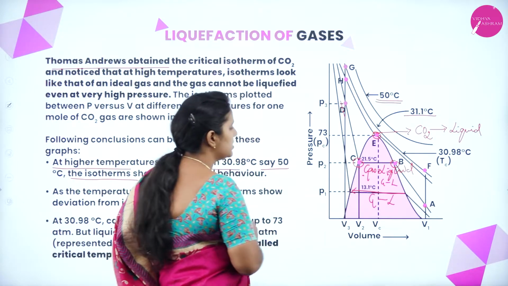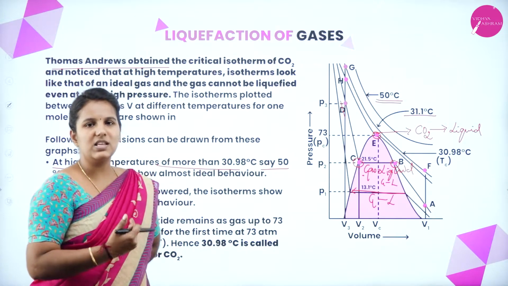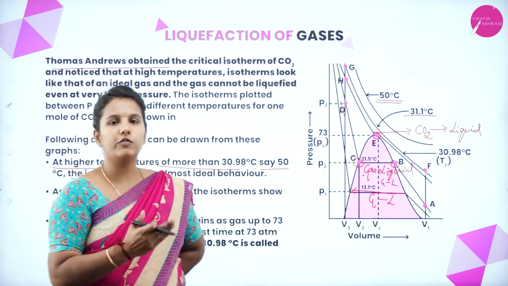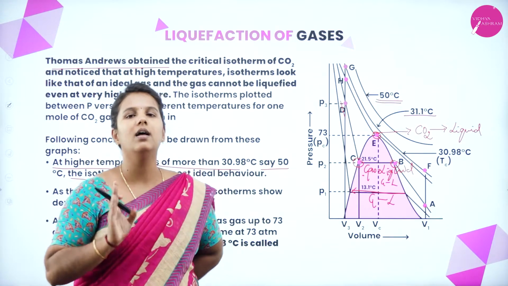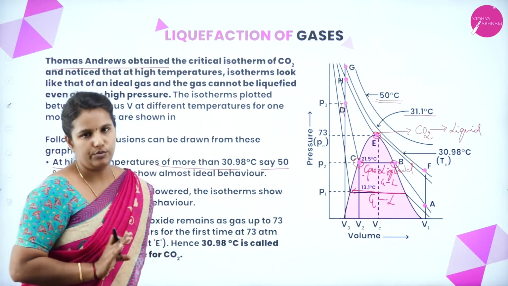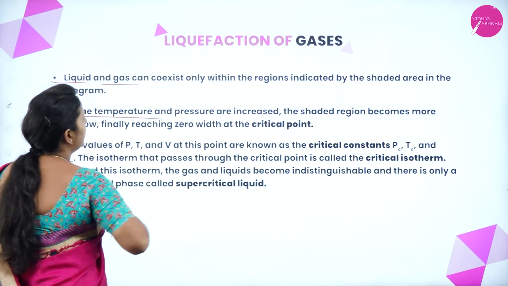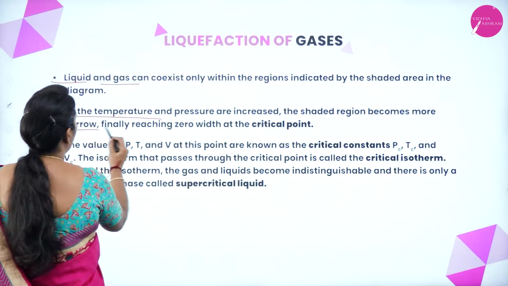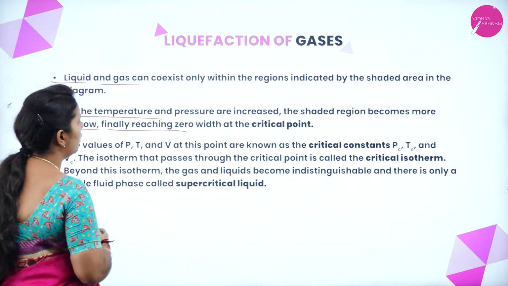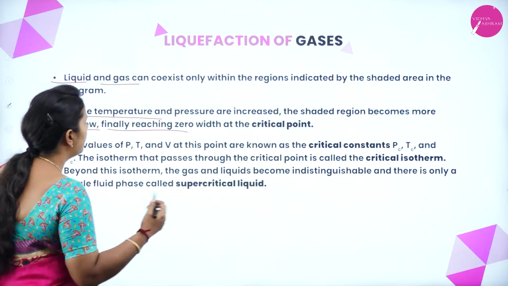But as you make the temperature lower, that is at 13.1 degrees, what will happen? The range of coexistence of the liquid and the gas will be larger. And as the temperature and the pressure are increased, the shaded region becomes narrower and finally it reaches 0, and it is known as the critical point.